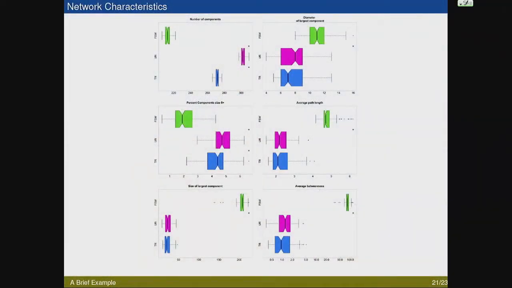And so these bottom 2 are some of the network characteristics I was talking about, like the number of components, how big the largest component is, average betweenness. And the green here is from the assumption that there's this hidden population of highly connected women, versus the other 2, which are the uniform misreporting solutions.